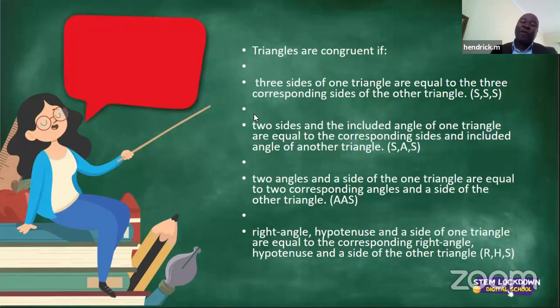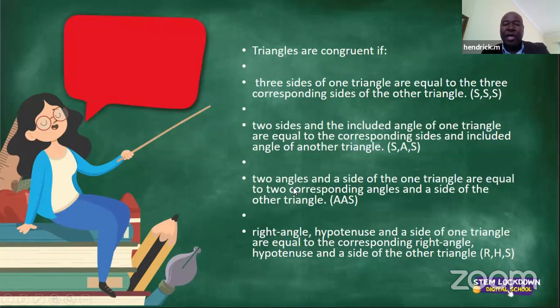If you have two sides in one triangle equal to the corresponding two sides of the other triangle, together with an angle equal to the corresponding angle of the second triangle, then you can conclude that the two triangles are congruent. The reason being, you'll have side, angle, and a side, because we've got two sides and an angle in each triangle.